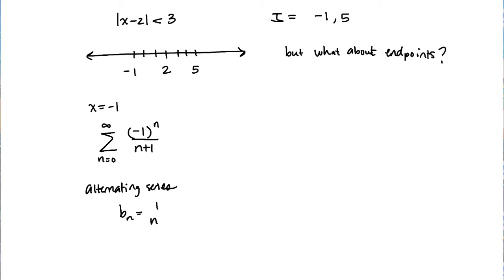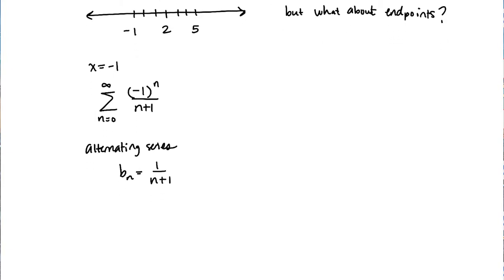That was a weird way to write it. Sorry for that. So we have b sub n plus 1 is definitely less than or equal to b sub n because our denominator is getting bigger, and 0 is a lower bound for all of them because our n's are positive.